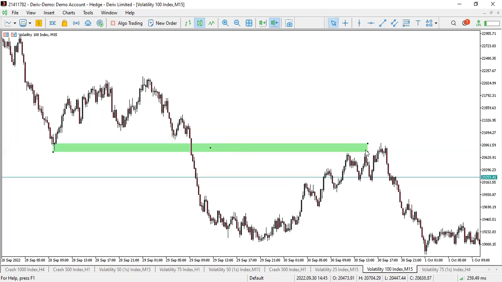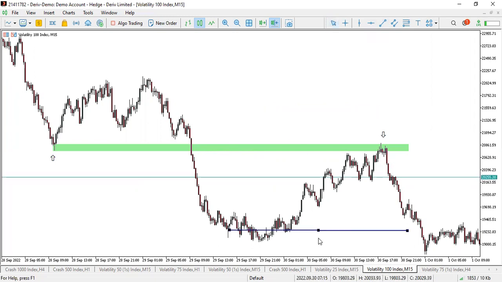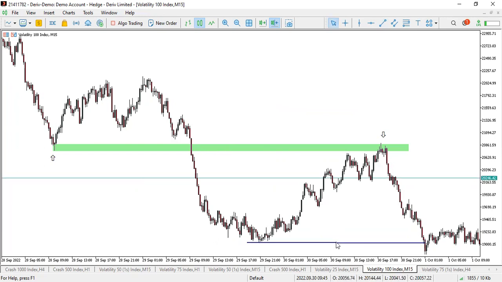When we talk about an accurate flip zone, something like this. This is an accurate flip zone. So here's an accurate flip zone. Then where do you set TP? TP here. Just check this out. TP there. Stop loss a few pips above the flip zone.